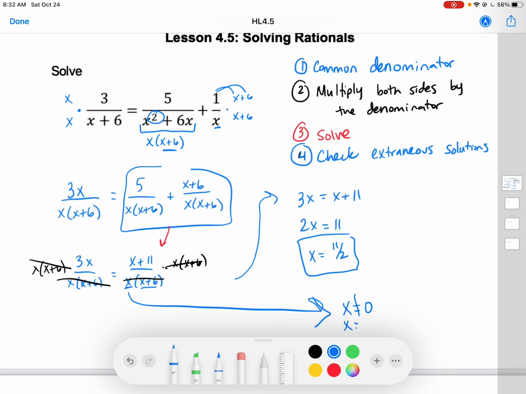So in this case, x can't be 0 or x can't equal -6. So in our case, we're totally fine. 11 halves was neither one of those. So just be aware that you always check for extraneous solutions, really just excluded values. So that is your process, and that's all you're doing.